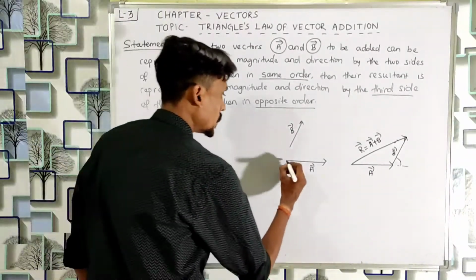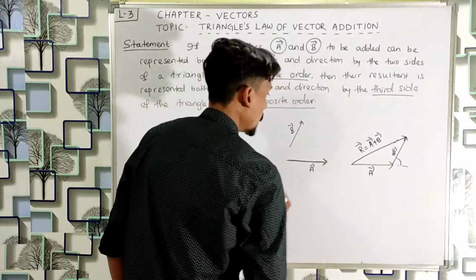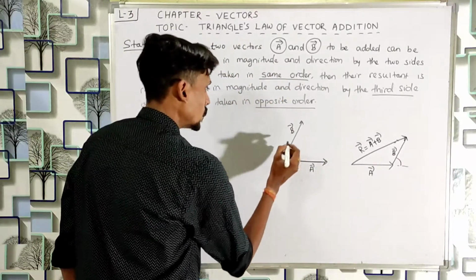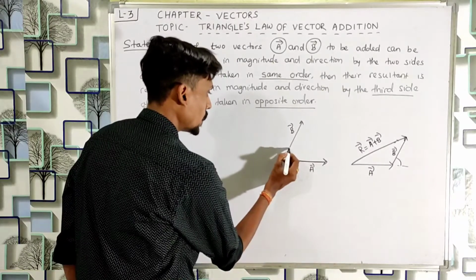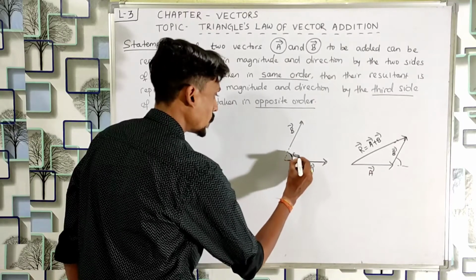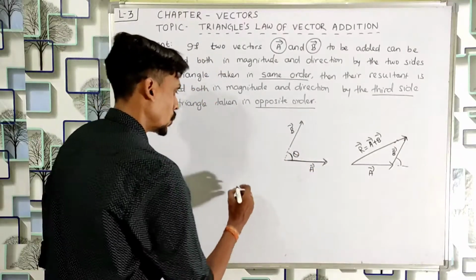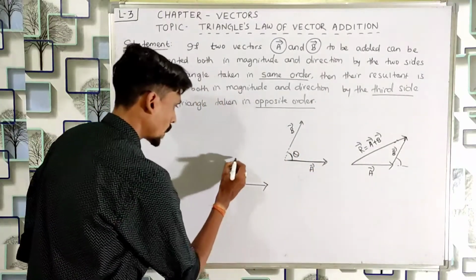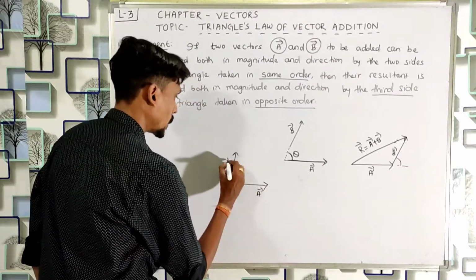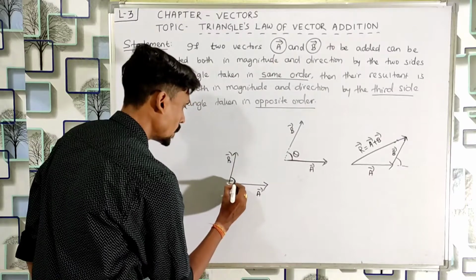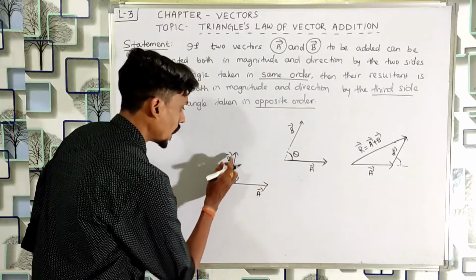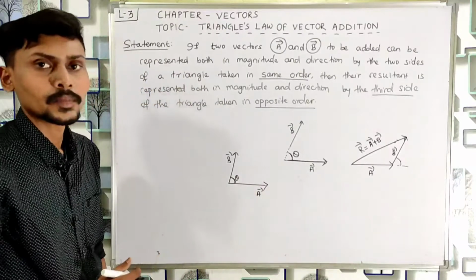Vector A is directed in this direction, vector B is directed in this direction. So the angle between them, if you extend the line up to this point, then this is the angle between the two vectors. So if I keep the two vectors like this, this is vector A, this is vector B, then this is the angle between the directions of the two vectors.